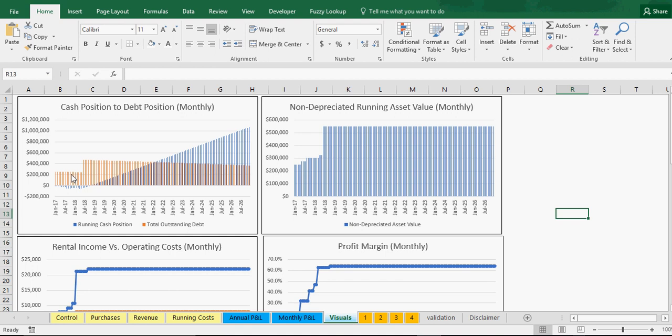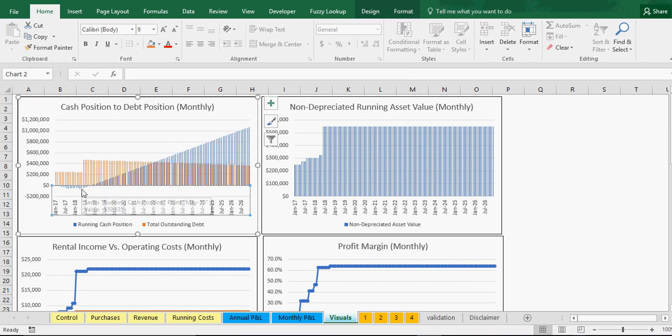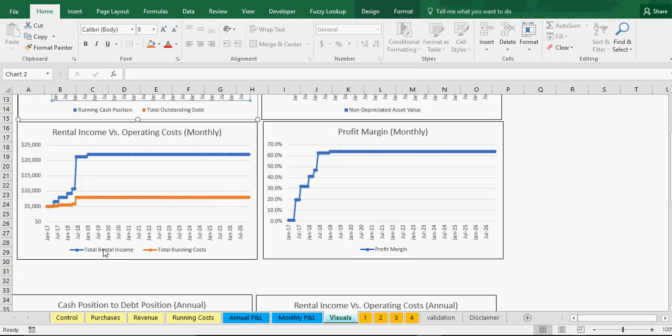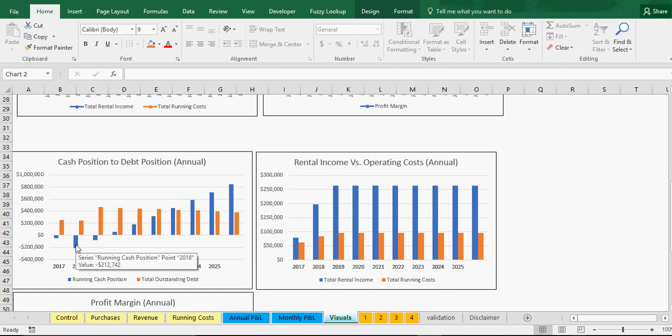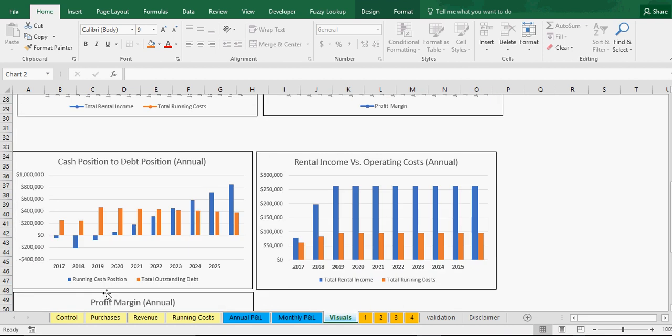So there you can see we're slightly still in the red. We actually don't have enough cash. We're 59,000 in the red. You can see in 2018 negative 212. Running cash position.